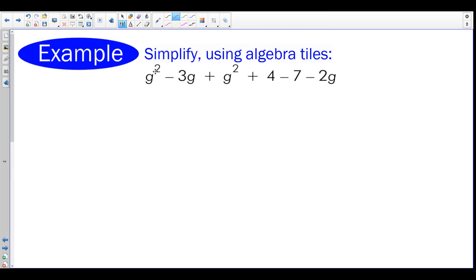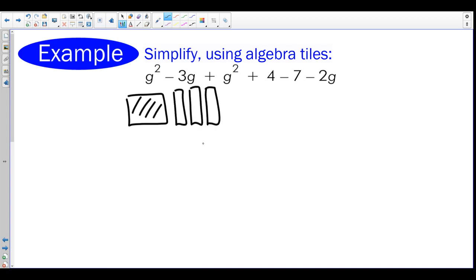So we're going to write out what g squared looks like. That is a big shaded square. Then minus 3g is 3 unshaded rectangles. Then it's plus g squared, so that's another shaded big square. Then we have plus 4, which is 4 shaded little squares.